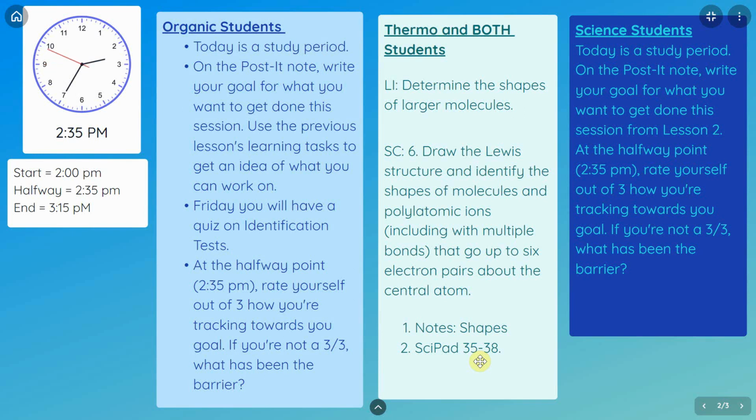Otherwise, it snowballs and you can't get the shape correct. Does that make sense? Should I repeat that one more time? If you don't draw your Lewis structure correctly, it will snowball and you will get the shape wrong. And so instead of losing 1 point, you'll lose 2 points. So take your time and learn your Lewis structures. If you're not confident with Lewis structures, go back to that first. All right, cool. That's it.